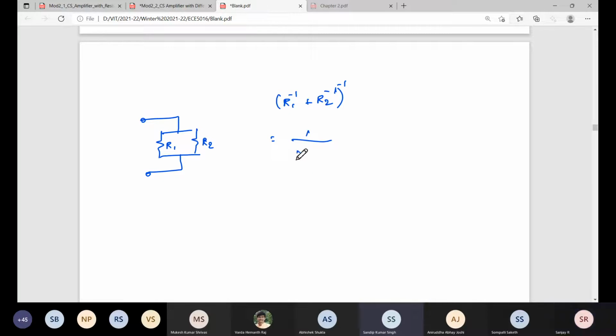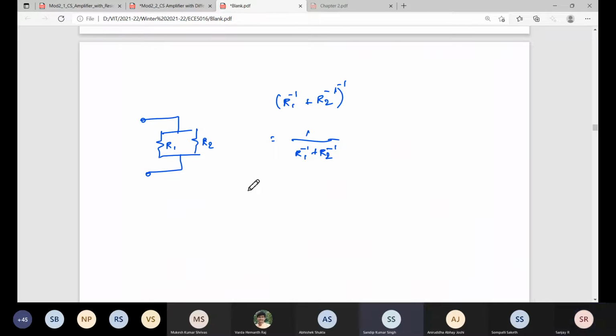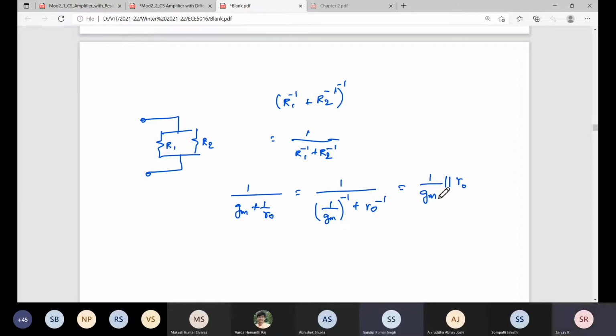So what is the equation now? 1 by gm plus 1 by R0: here it is R0 inverse, and here it is (1 by gm) inverse. So I can write this as 1 by gm parallel with R0. Any doubts here?